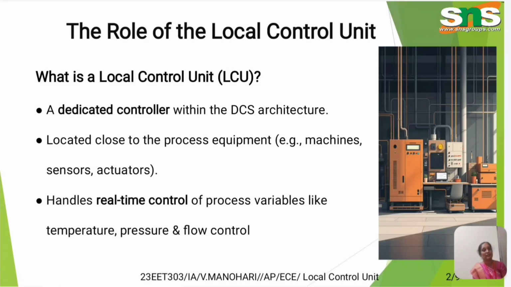For example, if a temperature sensor detects a rise in temperature, the LCU can instantly adjust the cooling valve without waiting for instruction from the central computer. So the LCU is essentially the frontline controller of the DCS, managing real-time process variables such as temperature, pressure, flow control and speed control.